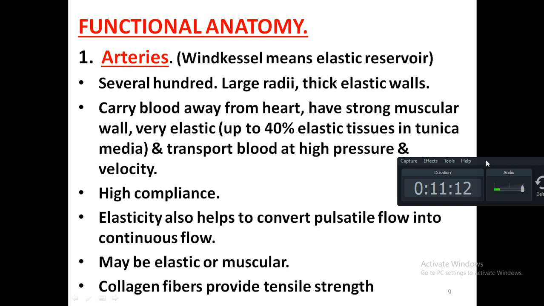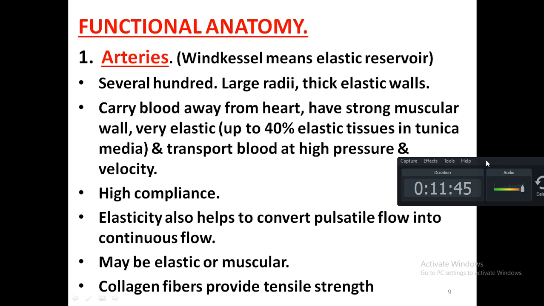So this flow is called the pulsatile flow, and because of the elasticity of the arteries, this pulsatile flow is gradually converted into continuous flow, because at the level of the capillaries we need a continuous flow for continuous diffusion of substances from the capillaries into the surrounding cells or tissues.